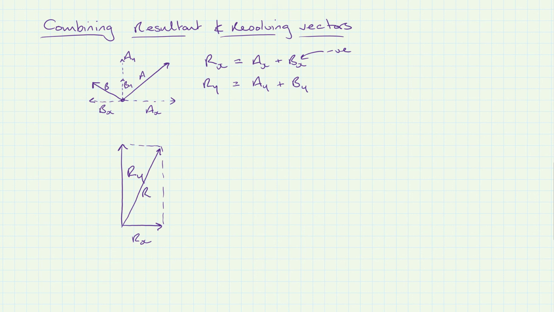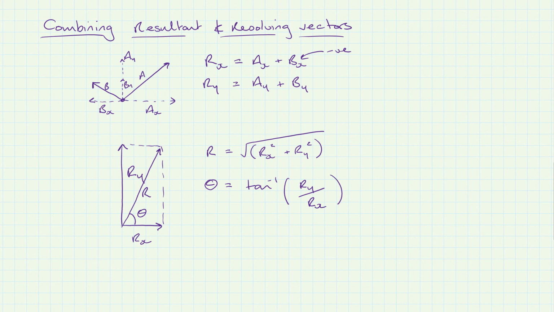So then I can go back to finding resultant vectors, and I can do R equals, using Pythagoras to find the magnitude, the square root of Rx squared plus Ry squared, and then I can find the angle, that one, just for convenience. So I can say my angle theta is going to be the inverse tan of the opposite side, which is Ry in this case, over the adjacent side, which is Rx in this case.